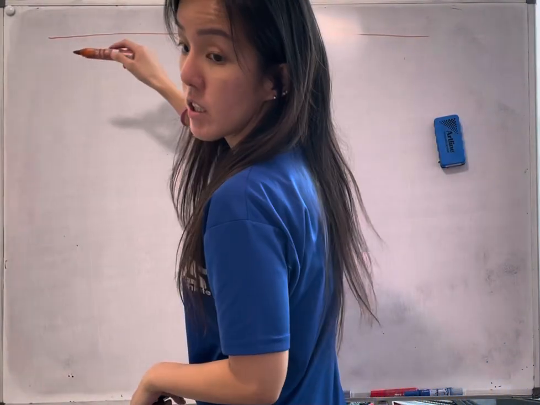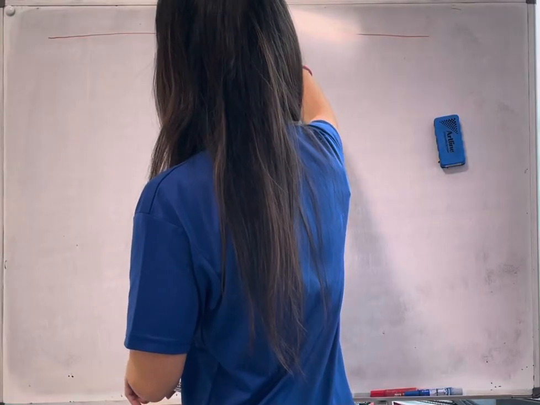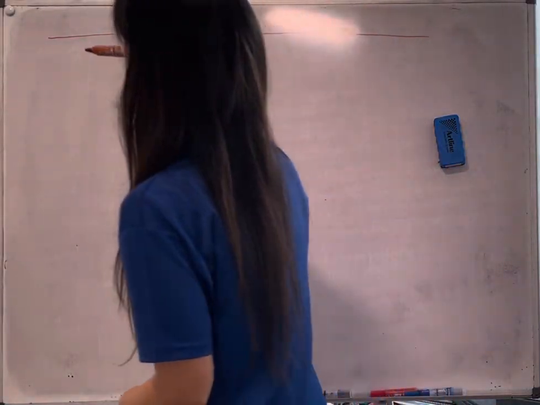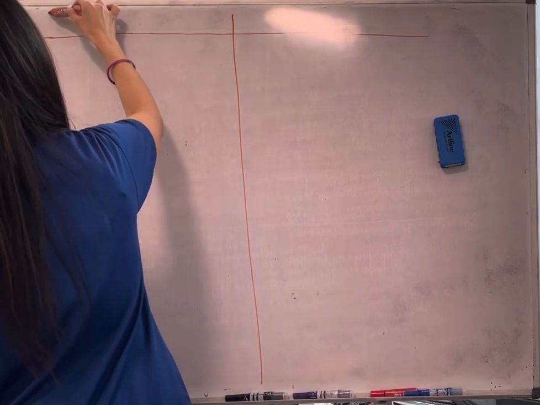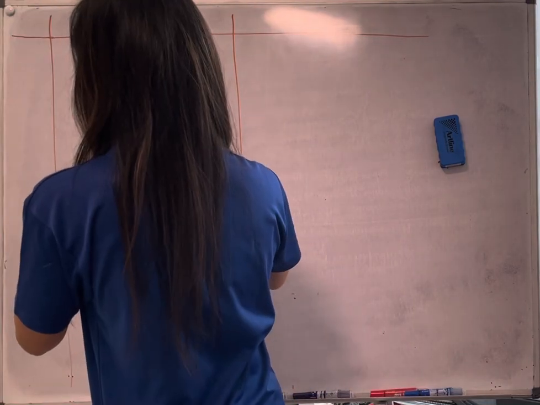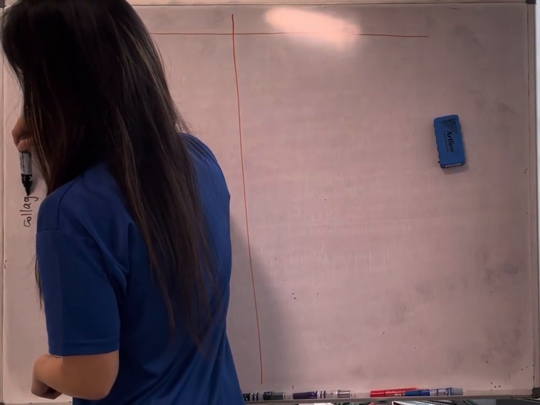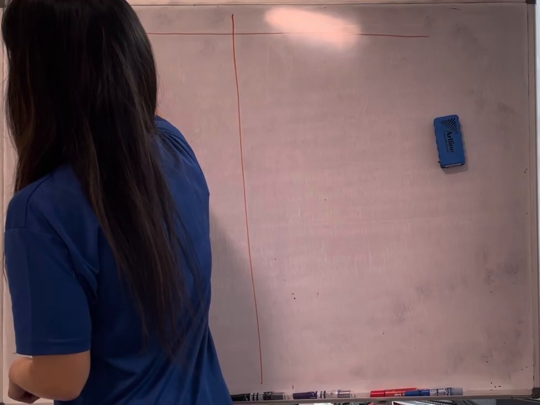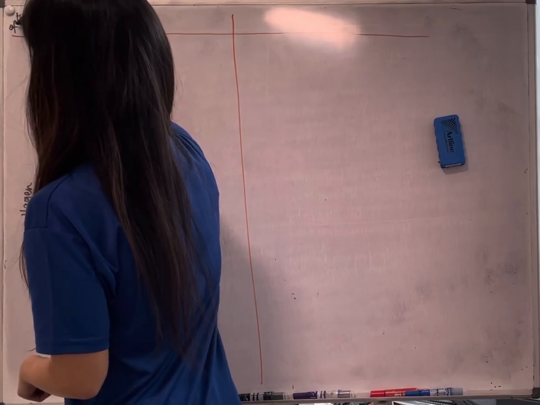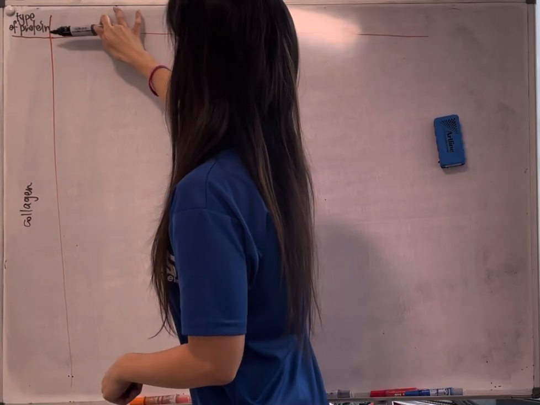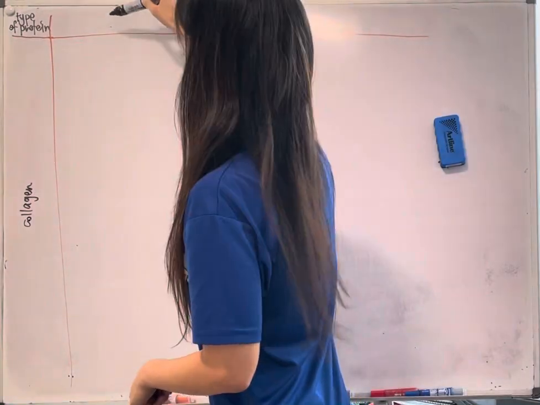For collagen, I want to discuss what the structure is, what the property is, and the significance of those structures. First one, collagen, a type of protein. This one is, again, my structure.